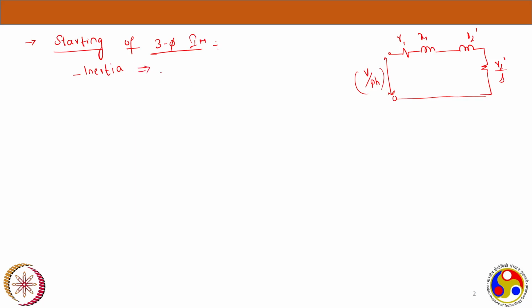Due to inertia at the starting, to overcome it, how much current will the machine draw? This is what we are interested in. Since it is the starting, I know the value of the slip at the starting will be s equals 1.